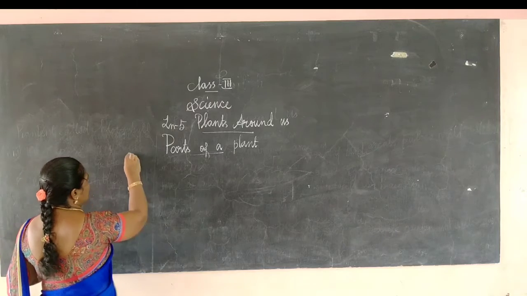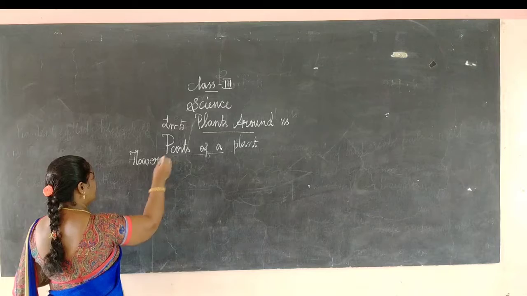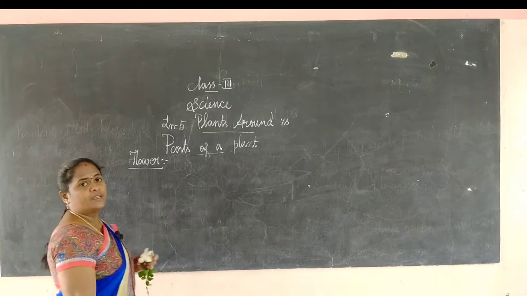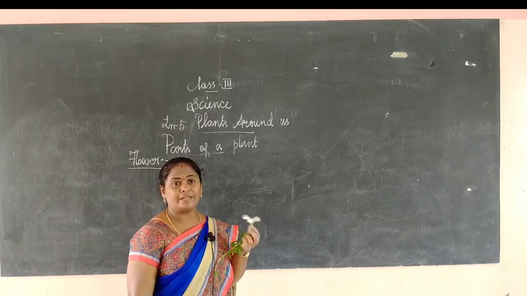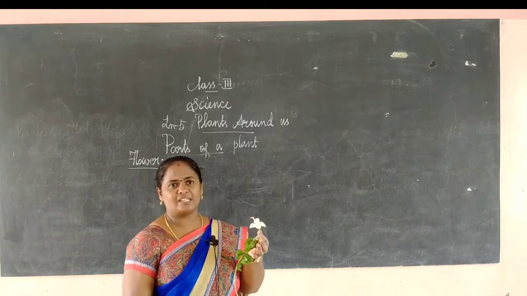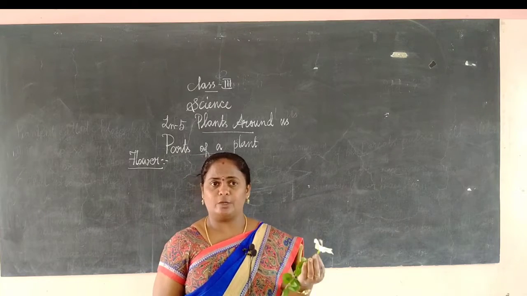Flower is an important part of the plant. It is the very beautiful and attractive part of the plant. You already know the flower is the attractive part of the plant.